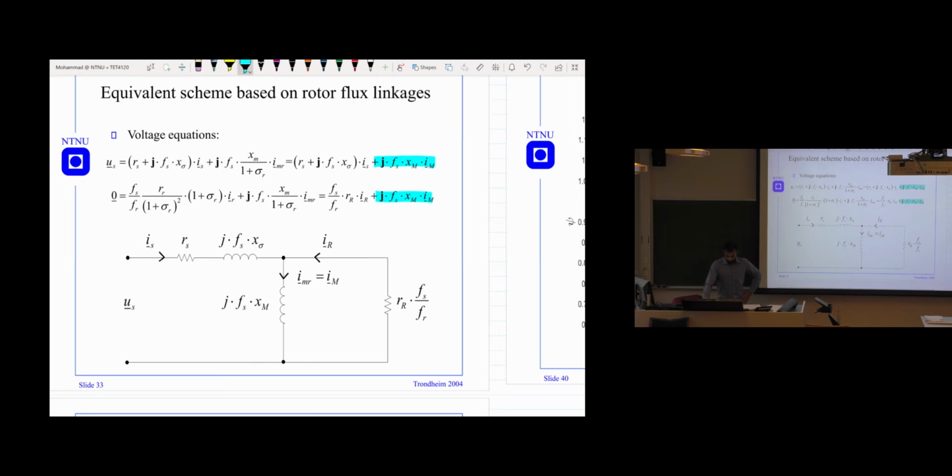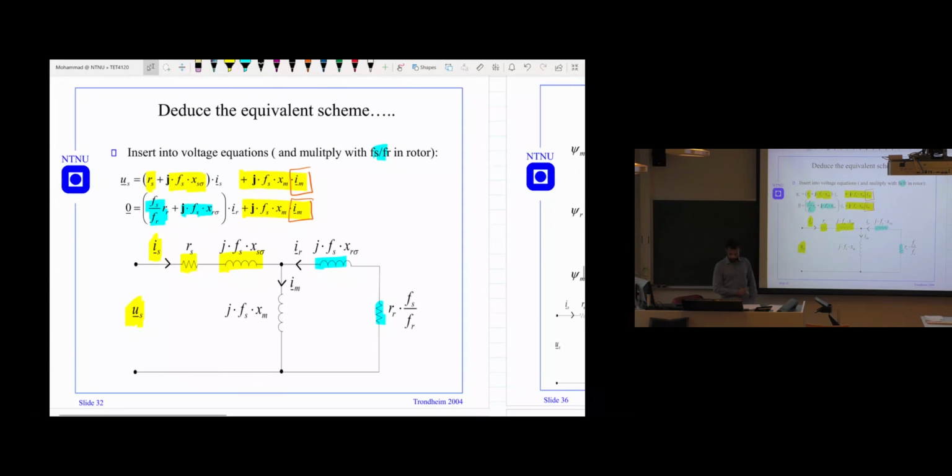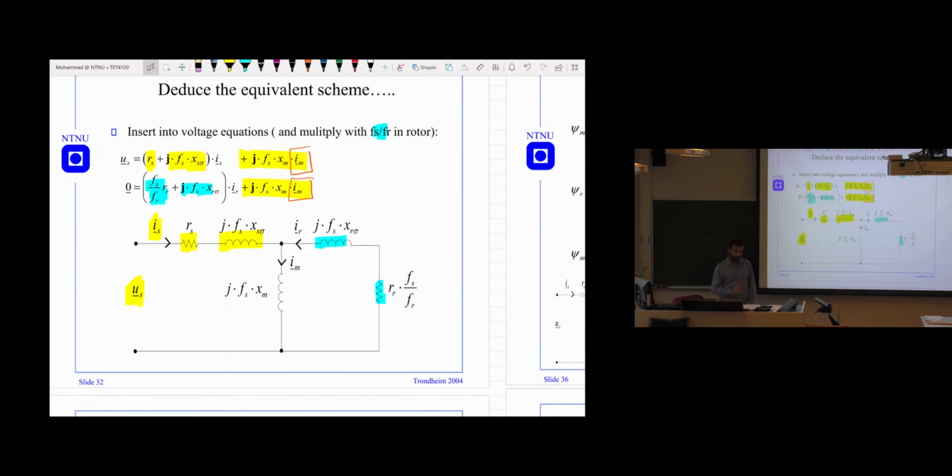So now you have these two nicer equations for the stator, then you can use them to analyze the behavior of the machine. First, maybe I will present the discussion for the first circuit. In the first circuit, we see that we have three fluxes: the stator flux, the rotor flux, and the magnetizing flux.